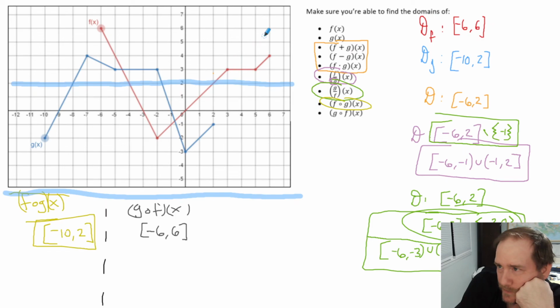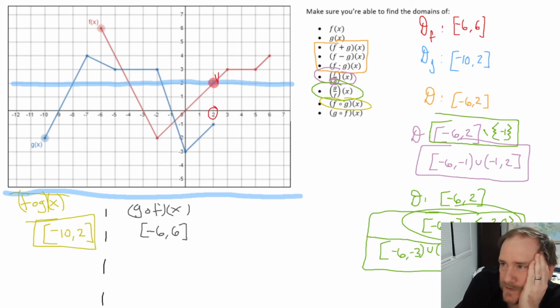So this whole wing right here is bad. So we can see that starting here, we'd need to start restricting x values. So even though function F goes from negative 6 all the way to 6, anything greater than 2 gives us y values that are too big to be in the domain of function G. So we'd have to slice that away.